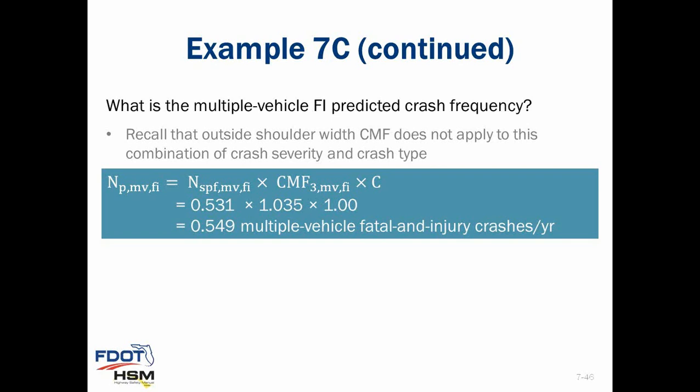For multiple vehicle fatal and injury crash frequency, this CMF was determined to have a value of 1.035. Also in example 7b, we noted that the CMF for outside shoulder width for multiple vehicle fatal and injury crash frequency was not applicable, so we do not include this CMF in the calculation.